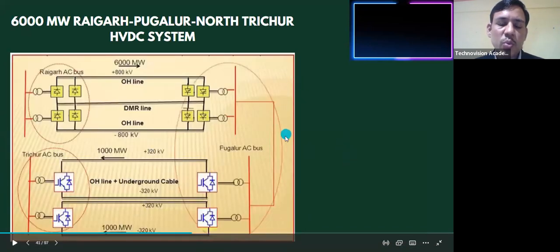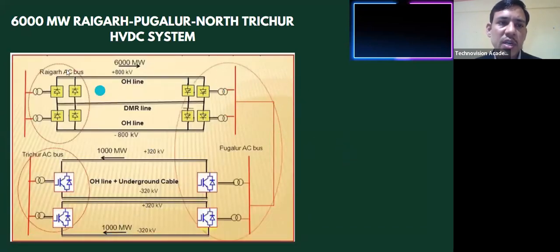So this is the topology of the Raigarh Pugalur Thrissur HVDC system, that is 6,000 megawatt. We know that at the Raigarh site, many IPPs are coming, and power is available in bulk.